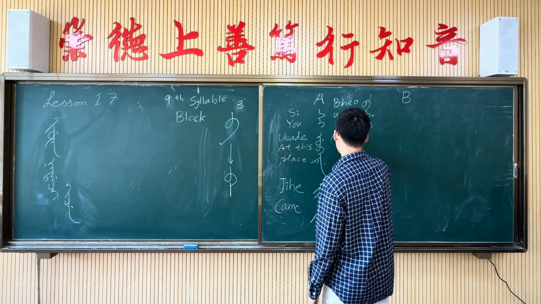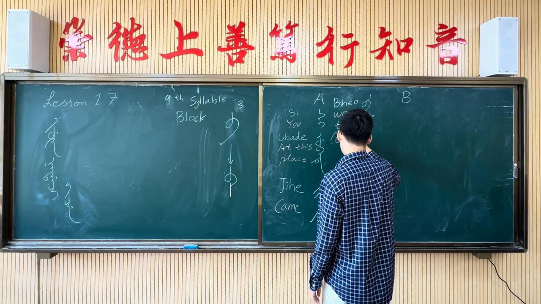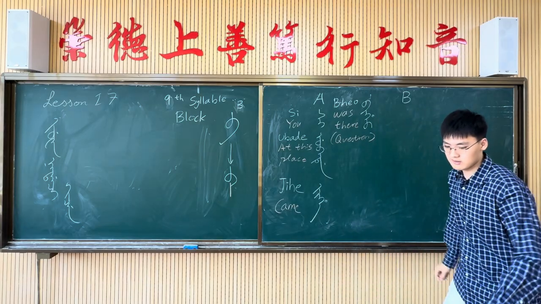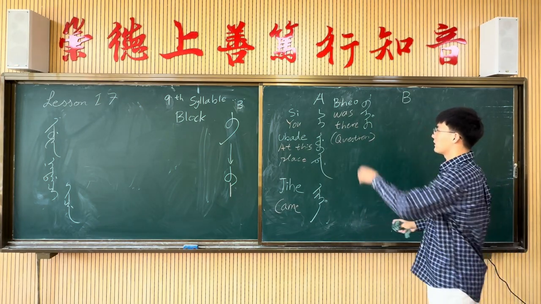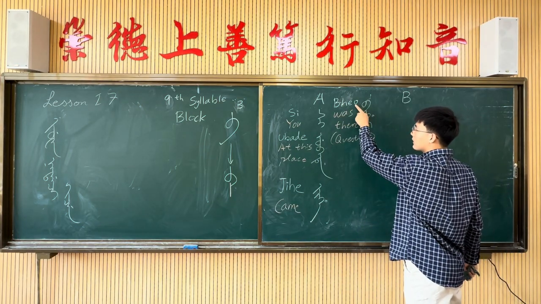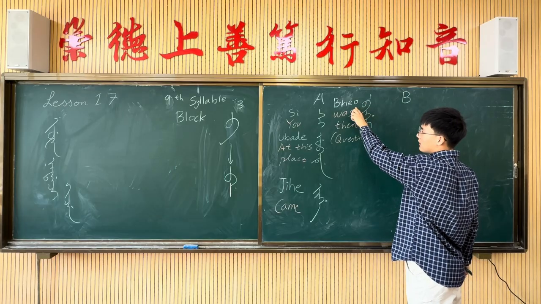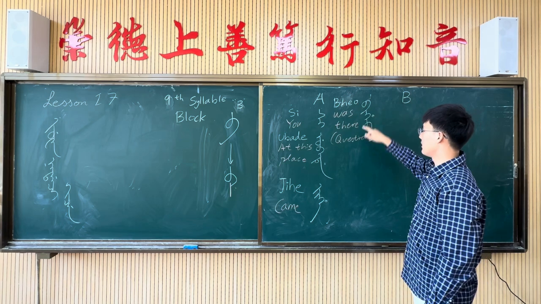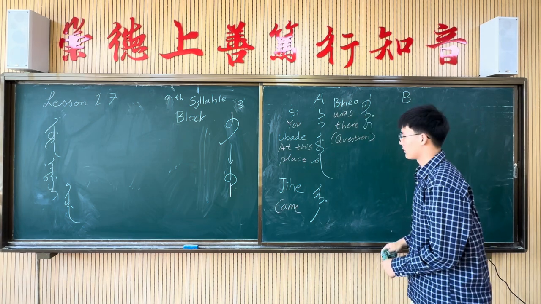And then this is a question, so bracket question. It's a question because of the last letter of 比后, right? This is a 10th syllable, and when it's added to this word, it means that it's a question.